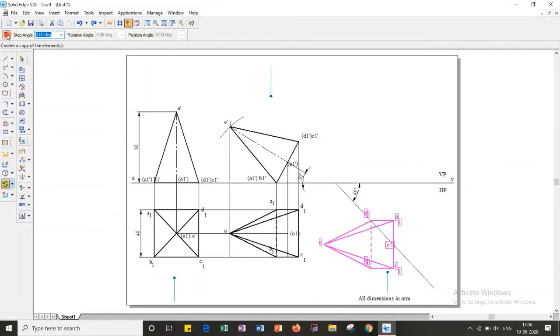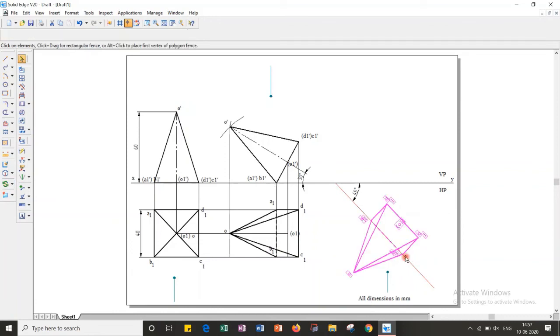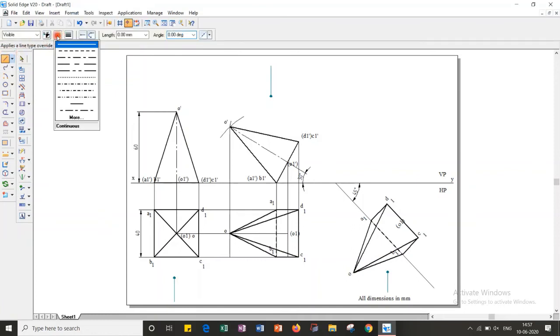You can rotate this. When you draw it in graph sheet manually, you have to copy this diagram from second step to third step. Using software, you can directly copy this object. You have to mark axis line also here. For marking axis line, O to O1.